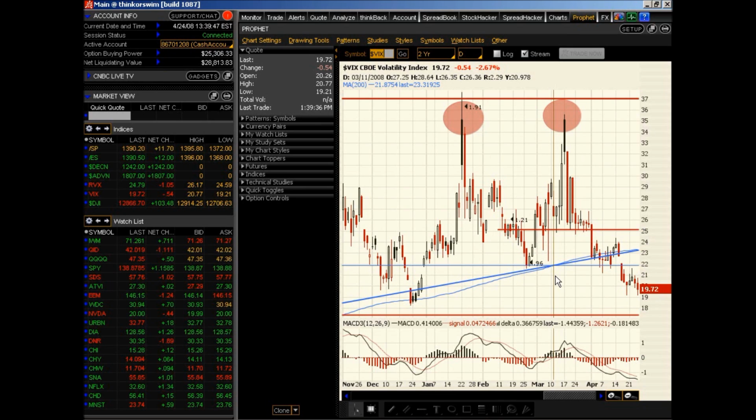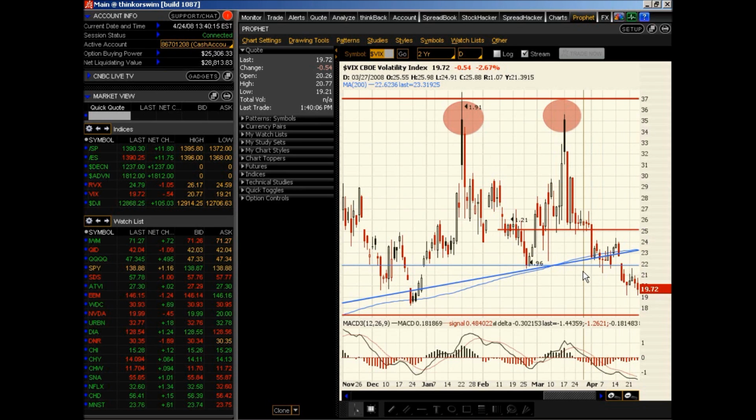The more people purchasing puts, the more fear there is in the market. People are afraid prices are going to decline, so they will go out and purchase puts. The demand for puts increases the levels of volatility, and it's really a measurement of fear.